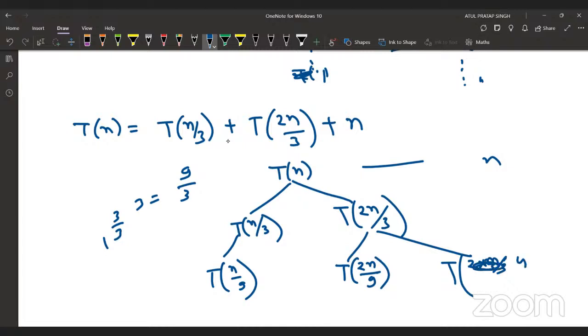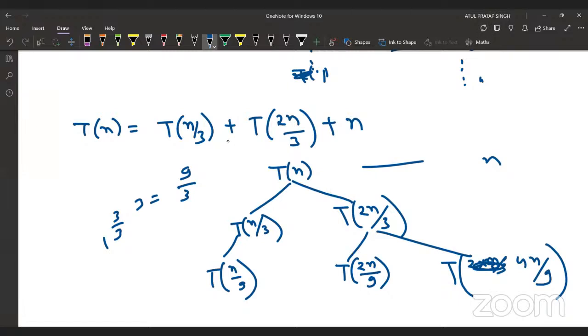So the left part of each subproblem will complete first, before the right sub part. So we are taking this larger value.